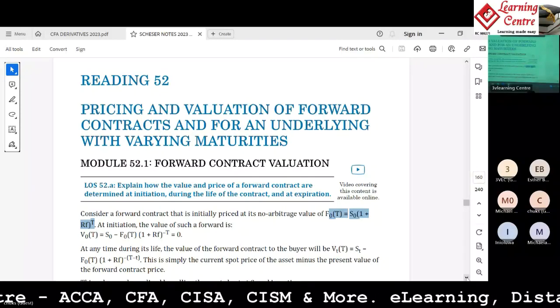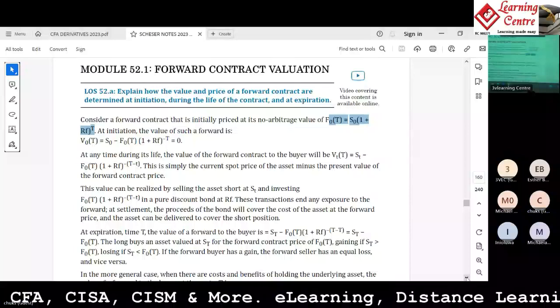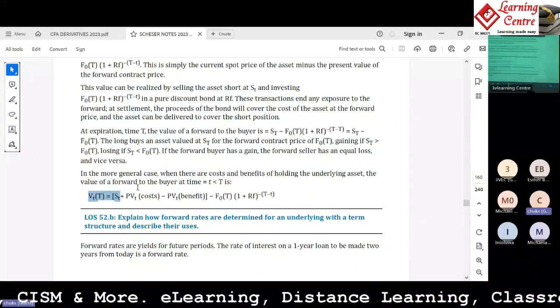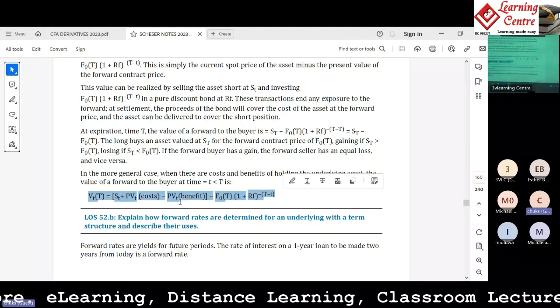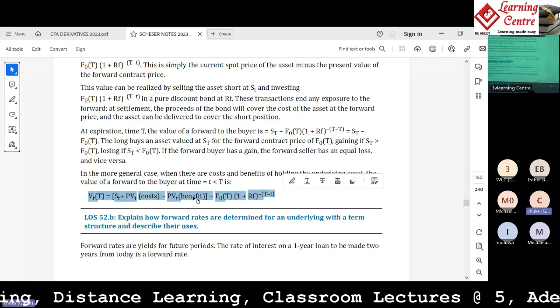So I don't want to bore you with all the calculations. Like I said, there are a lot of ins and outs here. But at the end of the day, this formula you see here is what we have just calculated.